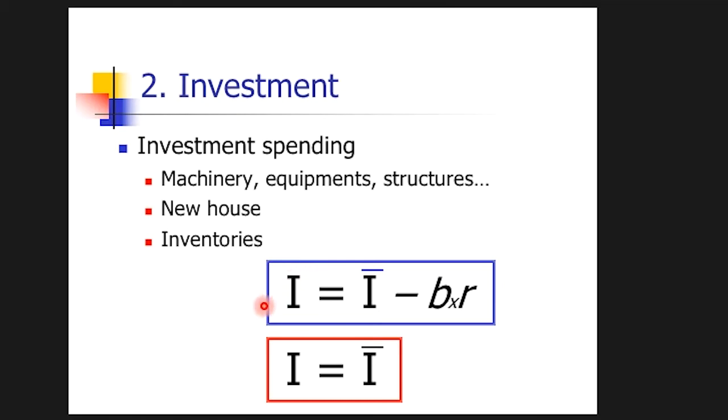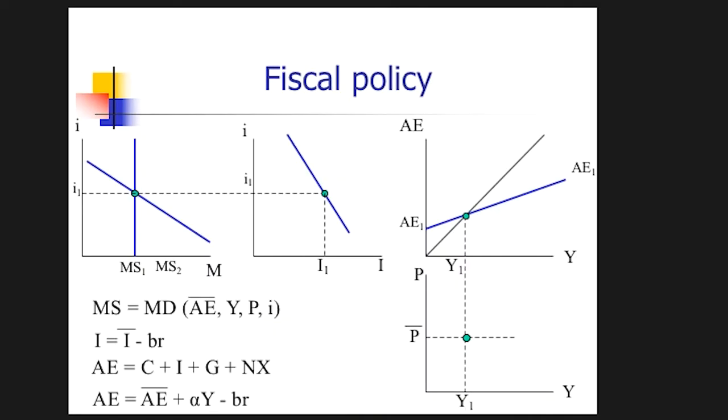And in the second step, we will analyze the more effect of interest rate. So now, if we have changes in the interest rate, how is the effect of fiscal policy? The interest rate is determined from the monetary policy.